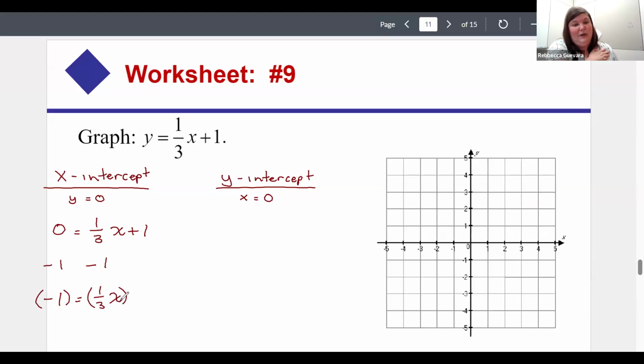We want to deal with that 1/3. If we multiply by 3, I'll get rid of that 1/3. So we'll have -3 equals x. And like I said, if you don't like that, just change it around to x equals -3. That's going to give me a point of (-3, 0), and that is my x-intercept.